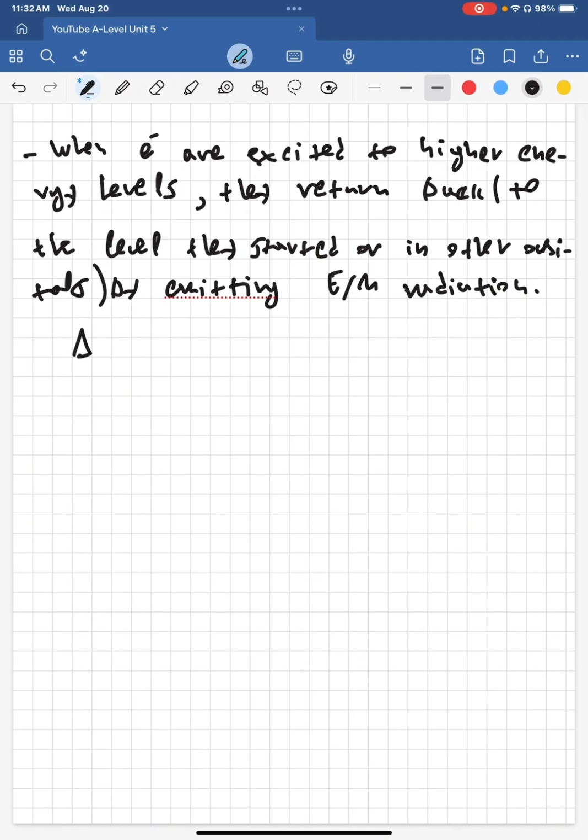Okay, so delta E is h times the frequency, and because the speed of light is equal to the wavelength of the electromagnetic radiation times the frequency, then if we combine these two, we can also have the relationship delta E is equal to h times the speed of light over lambda, okay?